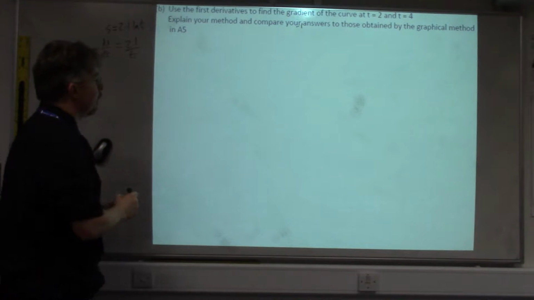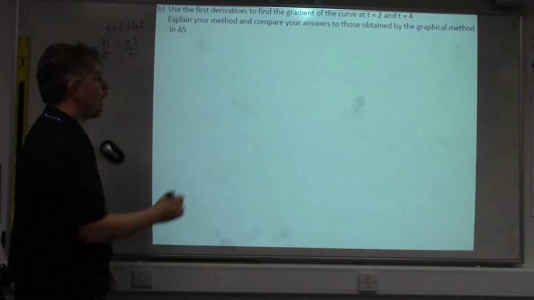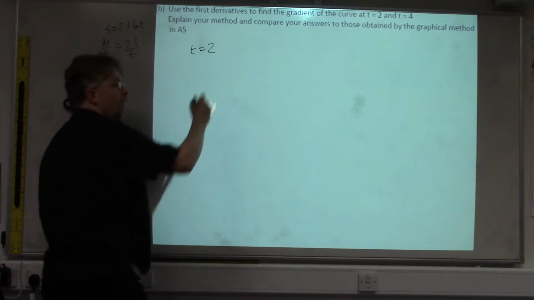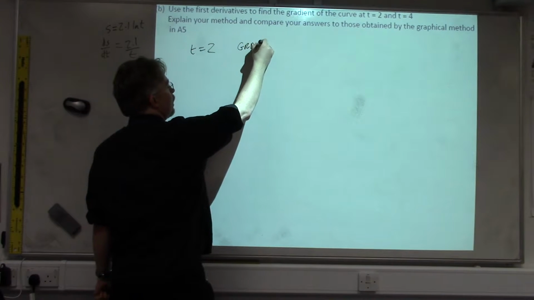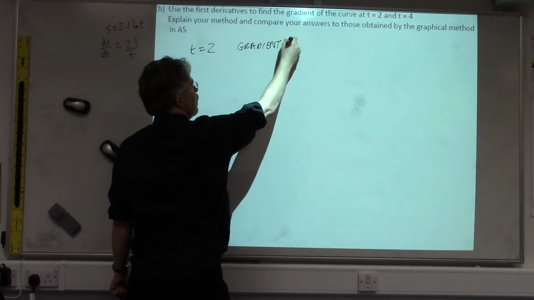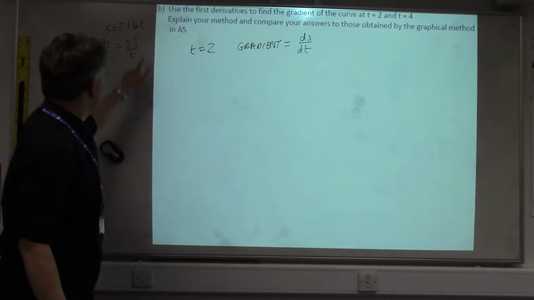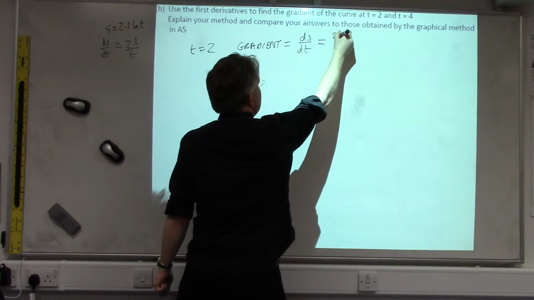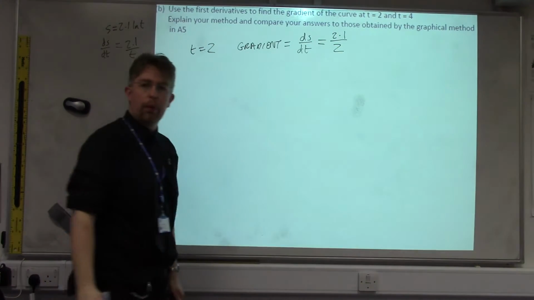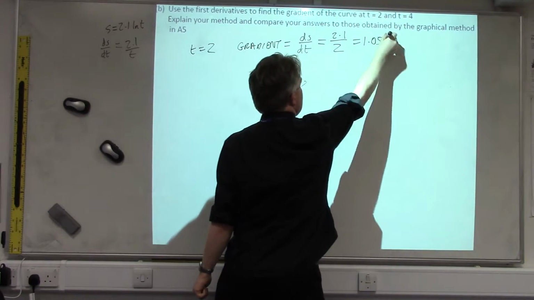To find the gradient of the curve at t equals 2 and t equals 4, we need to, as usual, put the t value into the formula for ds by dt. So the gradient equals ds by dt, which is 2.1 over t. So 2.1 divided by 2, which is 1.05.